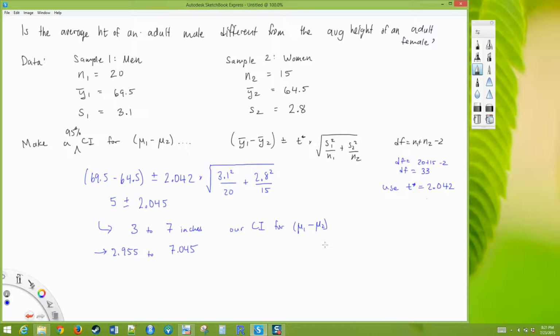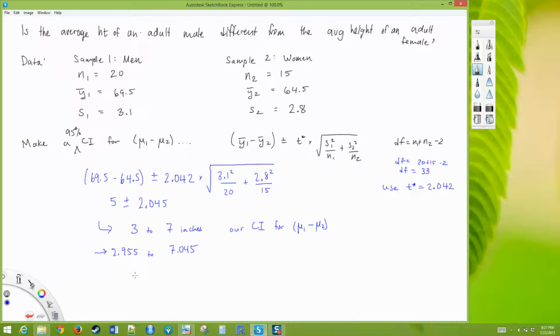Okay, so what is the statement that I'm going to make? Before I would say something like, I'm 95% confident that the mean is between such and such. What am I saying here? We are making a statement about mu1 minus mu2, okay?